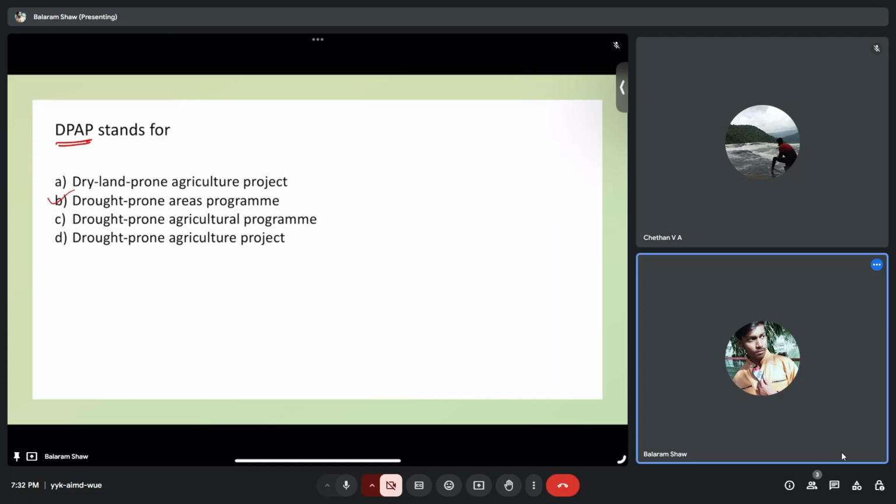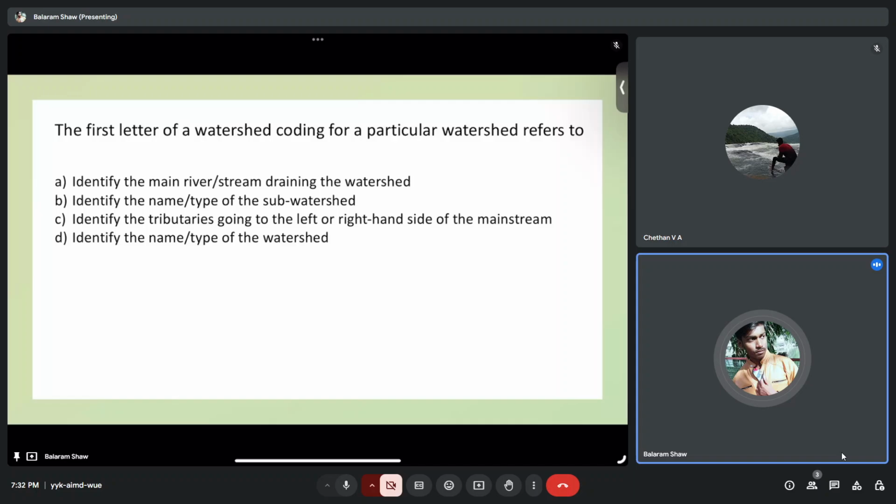Okay. The next question is: the first letter of a watershed coding for a particular watershed refers to what? So when we do watershed management planning and decide which watershed is to be prioritized and so on, one of the steps is to code that watershed.